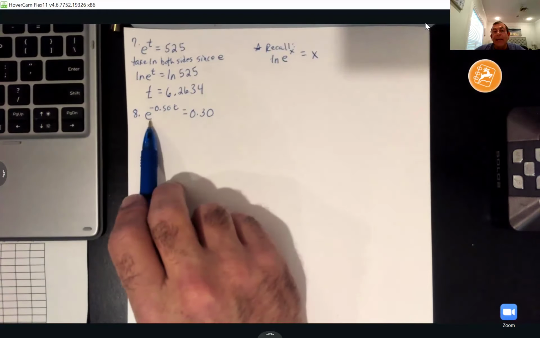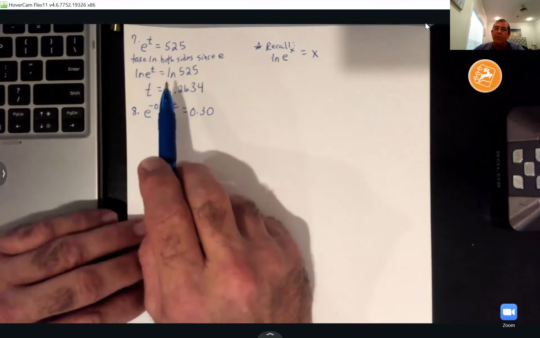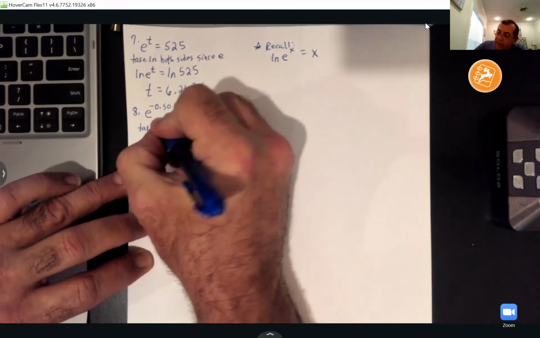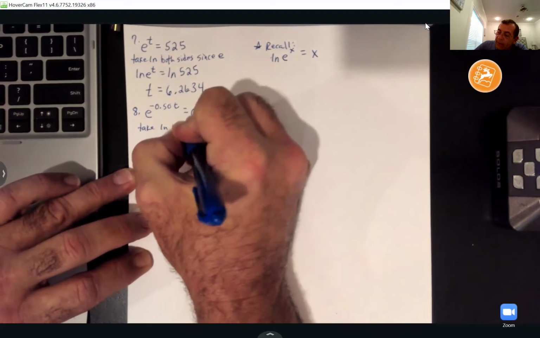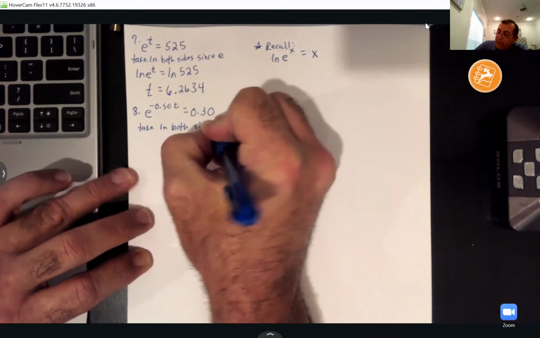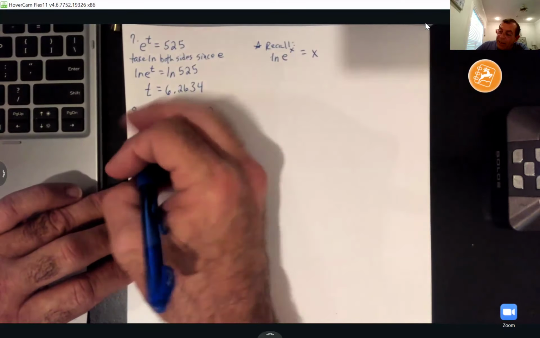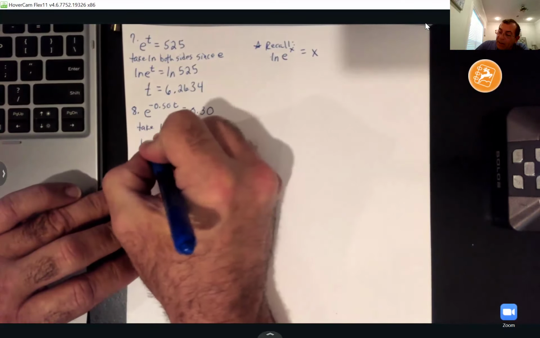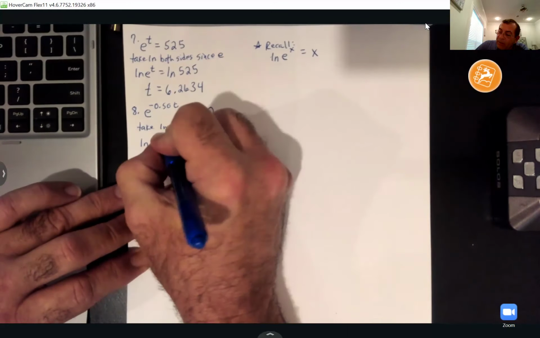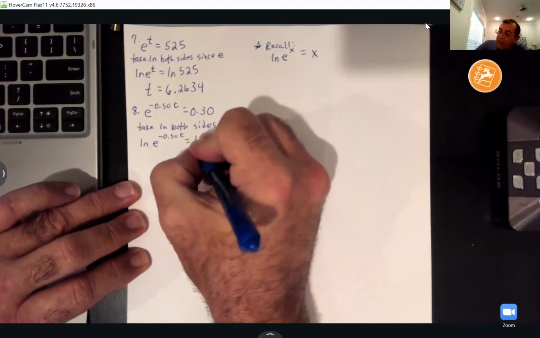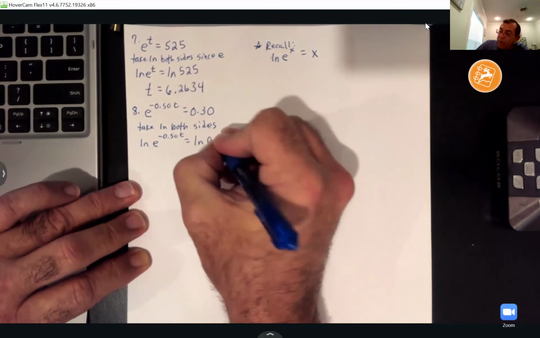So it's got the e again, so I'm going to take an ln of both sides. Because I know that ln on this side will get rid of everything but that exponent, okay? So we're going to have ln e to the negative 0.50t will equal ln of 0.30.